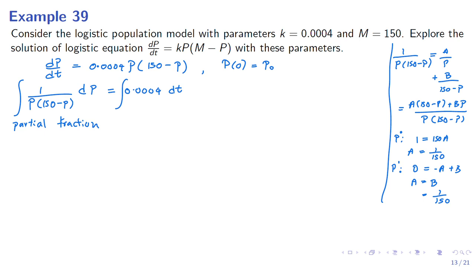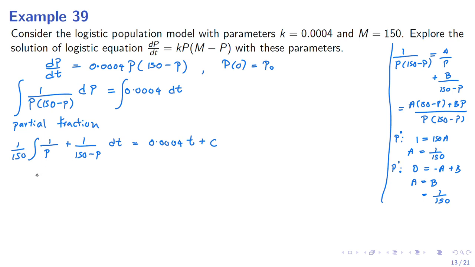So if we do that, we get 1 over 150 times the integral of (1 over P plus 1 over (150 minus P)) dP equals 0.0004 t plus a constant C.